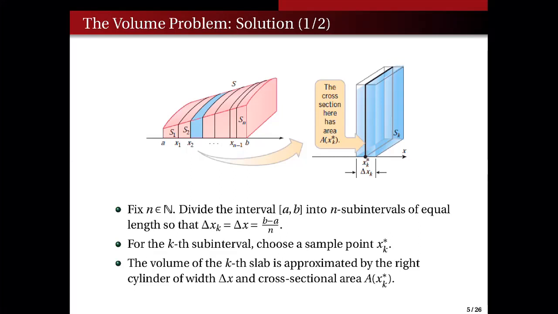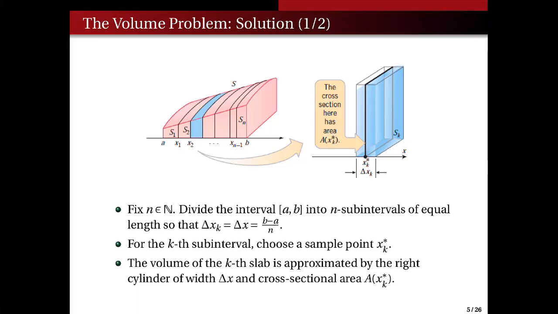And of course, the cross-sectional area, we know that to be A of x sub k star. So that will be the volume of this rectangular box. It will approximate the slab of your solid, this blue part here.